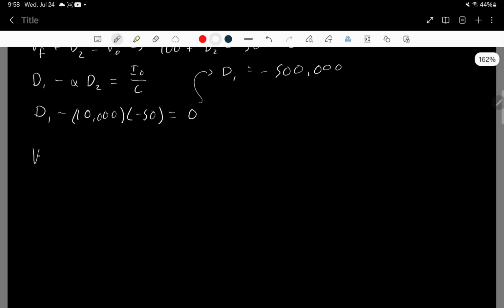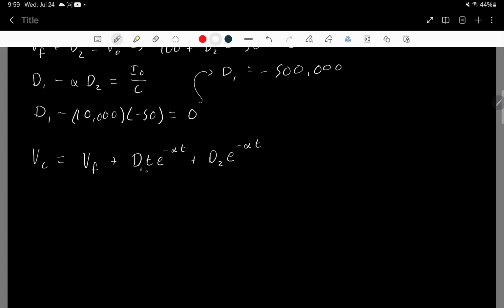For the case of a critically damped response, voltage across the capacitor is equal to V final plus D1 t e to the negative alpha t plus D2 e to the negative alpha t.